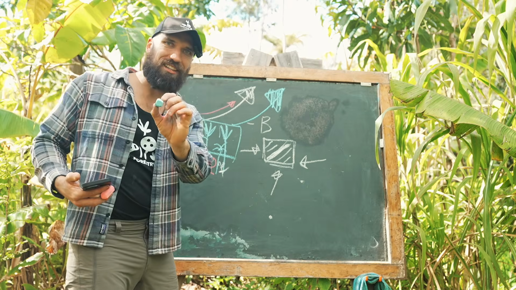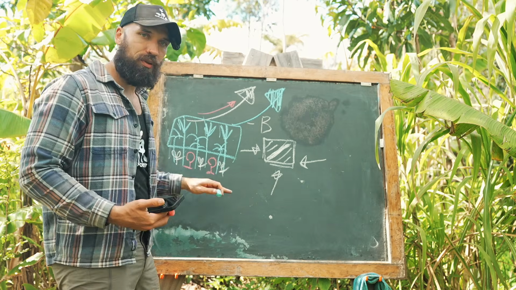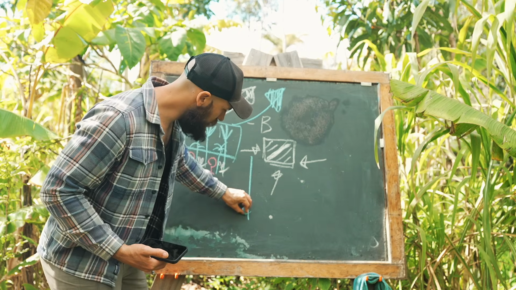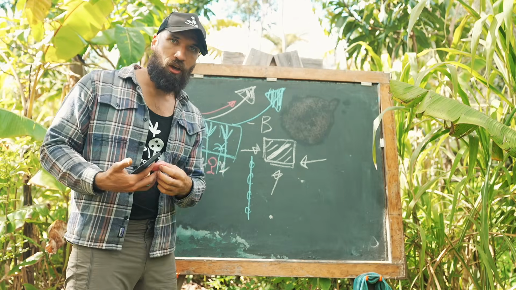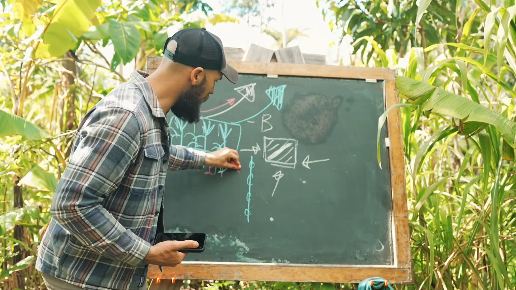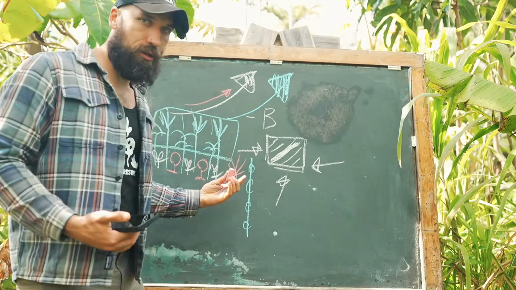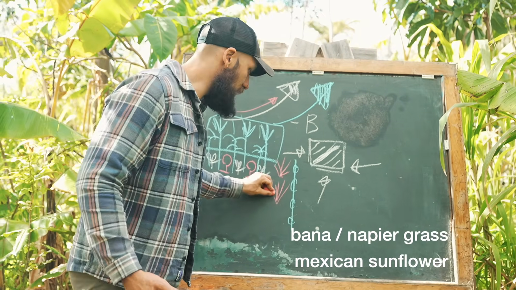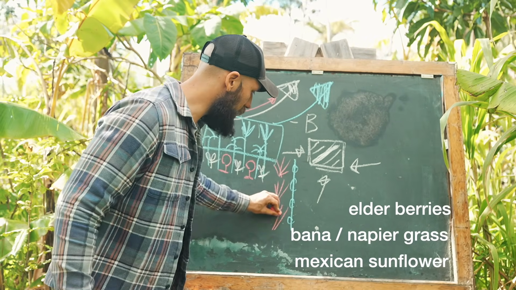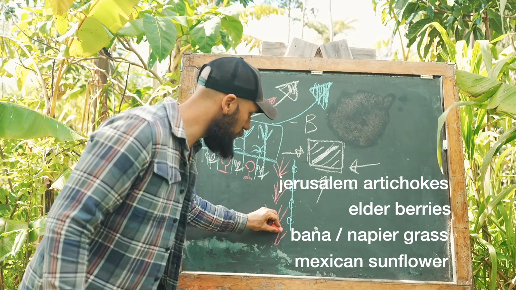And just a really quick technical layout detail, all of those are planted in a single line. All of the trees are planted in line with each other. Now, what's not planted in the line are the shrubs, the things that are going to have a shrubbier growth habit like the Mexican sunflower, like the Bana grass or the Napier grass, or like the elderberries, or like the Jerusalem artichokes.